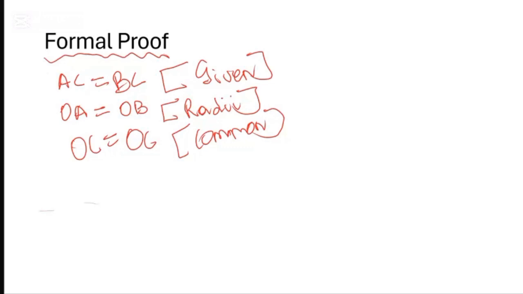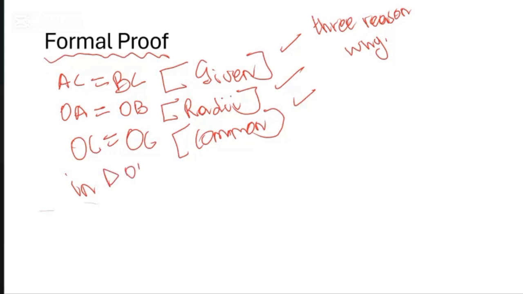Now, ladies and gentlemen, we have proven three things. And remember what I said? You need to give three reasons why that is true. So now you have given three reasons why. Now you have to get into it: in triangle OAC. Actually, my writing is getting bad. Let me erase.